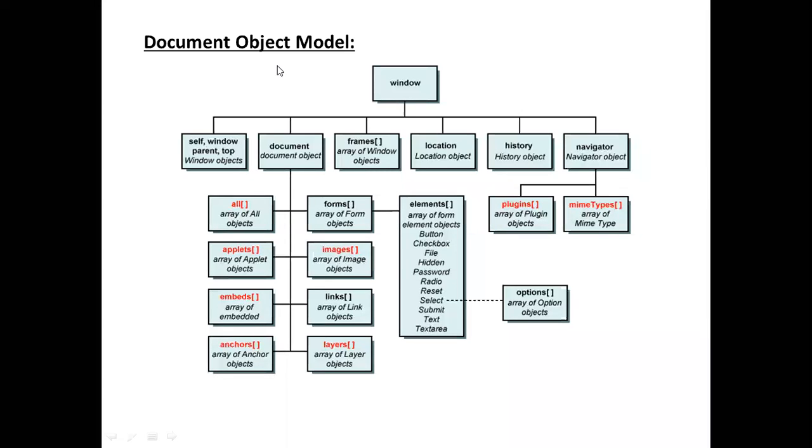It is an API, application programming interface, for application programs to interact with web documents. A document object model is used to interact with web documents.